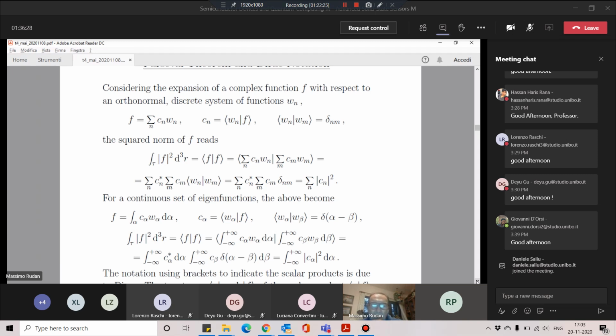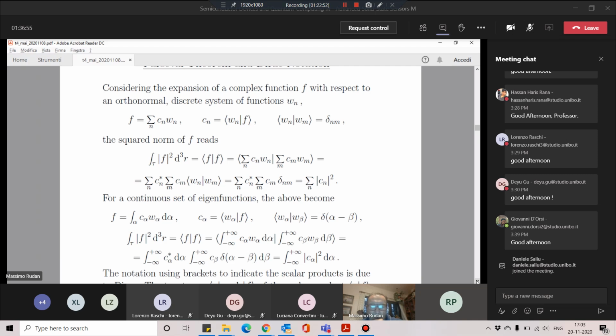Let's go back to the case of the discrete indices, okay? Let's expand a function that in general is complex in a complete set of functions Wn.